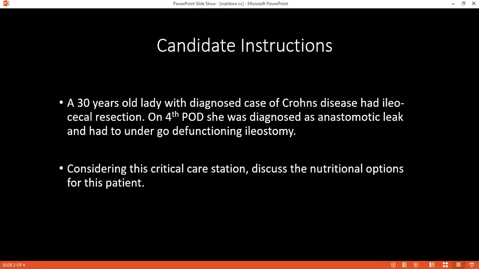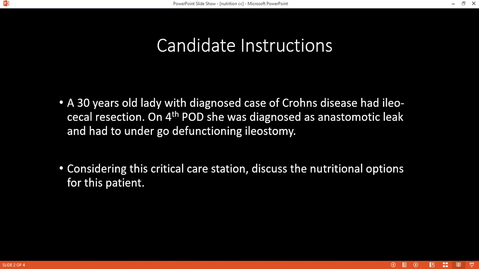Can you please tell me what are the constituents of total parenteral nutrition, TPN? The constituents are carbohydrate, lipid, water, minerals and vitamins, and electrolytes, ma'am, like sodium chloride and potassium chloride.